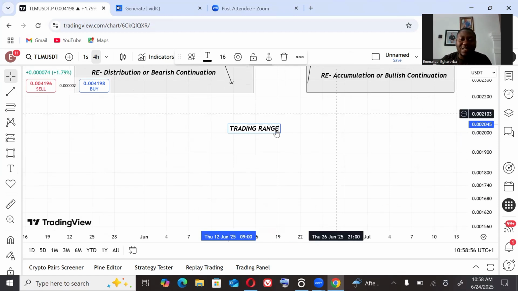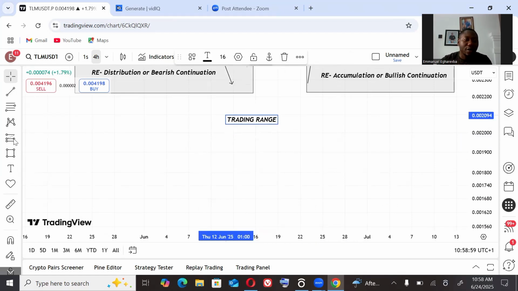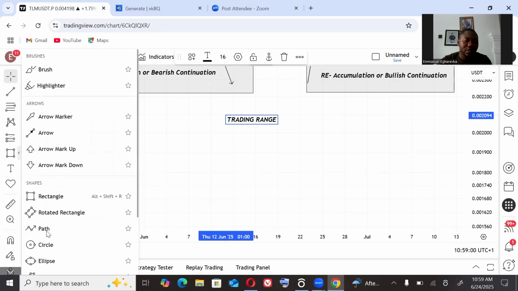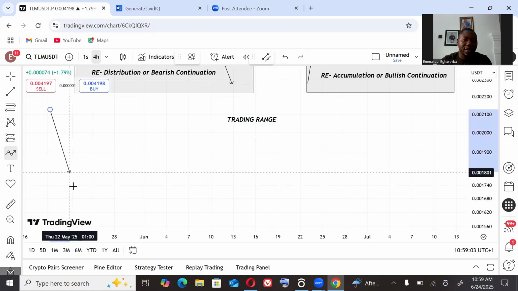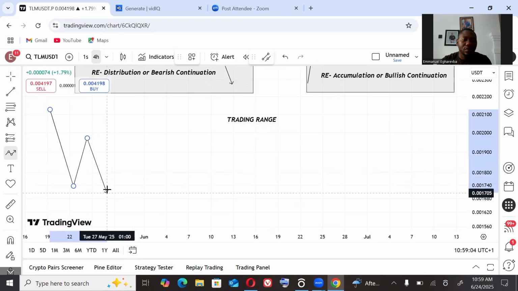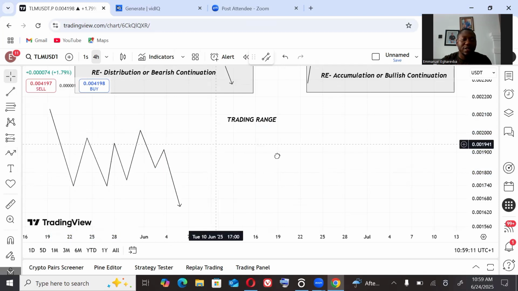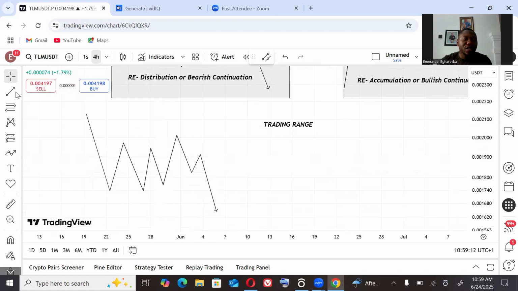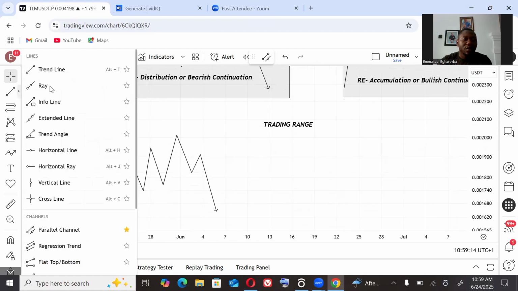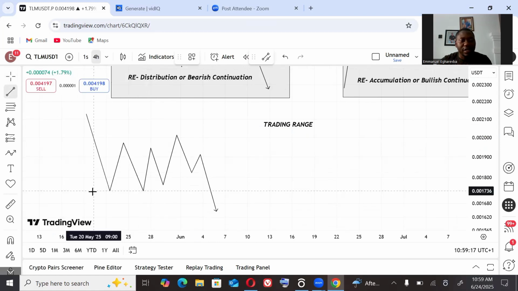Your trading range. This is so important. If you are in a downtrend, let's say you have a trend like this, and price wants to fall down. Look at this image so clearly. Your range is going to start from the very bottom, your selling climax.